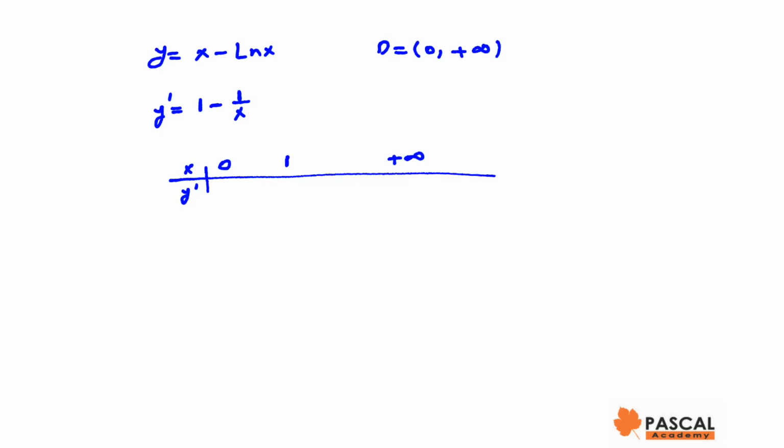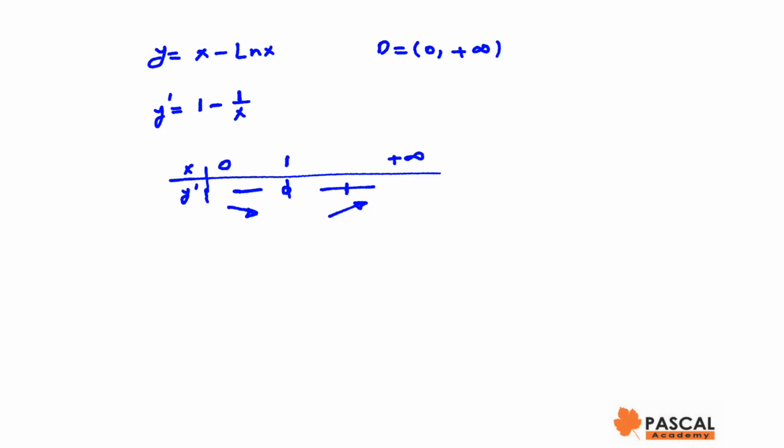For x between 0 and 1, the derivative is negative. If we plug 1 over 2 into the derivative, we see the derivative is negative. And when x is greater than 1, the derivative is positive. Therefore, when x is between 0 and 1, the given function is decreasing.